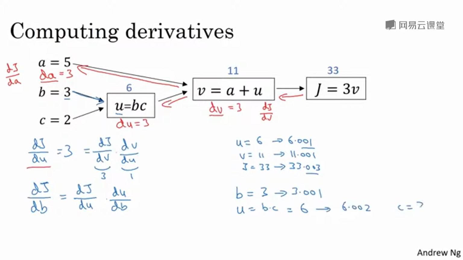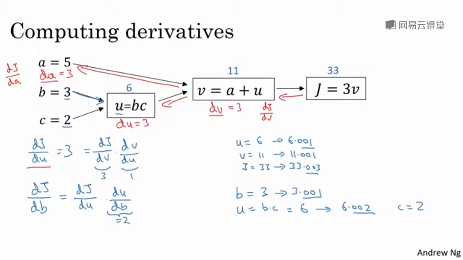Because c is equal to 2 in our example here. And so this tells us that du db is equal to 2, because when you bump up b by 0.001, u increases twice as much. So du db, this is equal to 2.